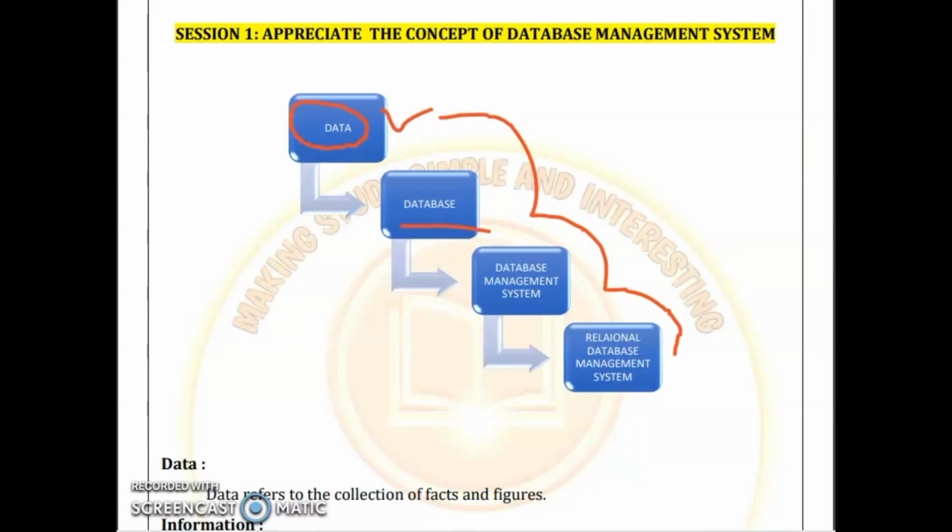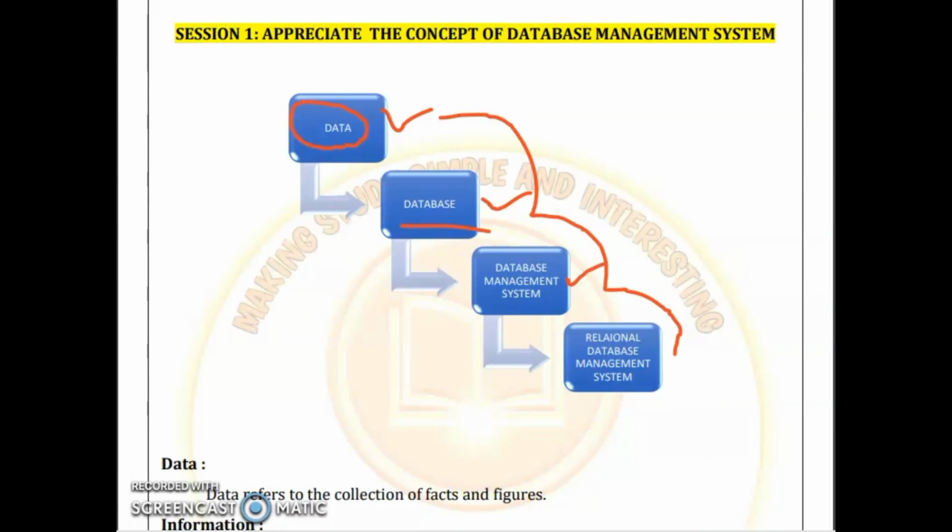The collection of related data, we can say, is a database, the container for data. Then database management system means if you are using any system to manage the data, that is database management system.